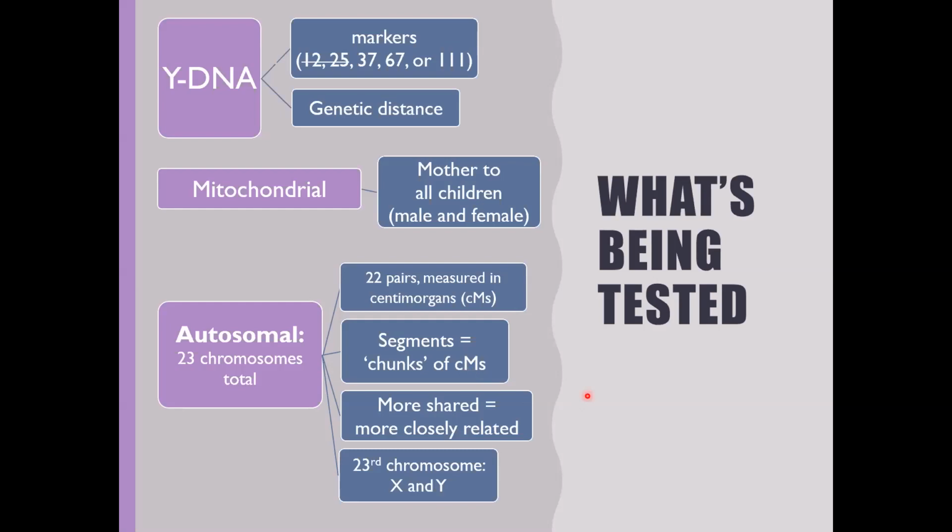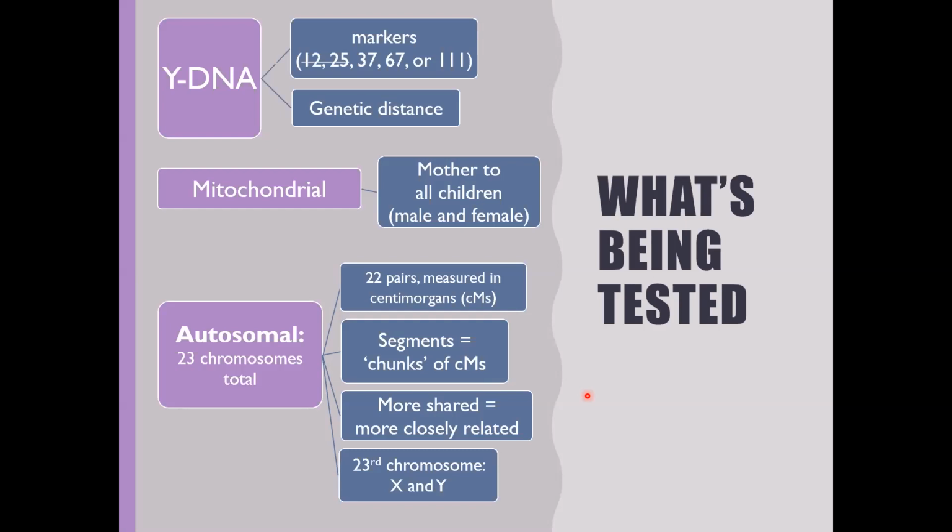Autosomal DNA, the 22 pairs, is measured in what's called centimorgans, and they will talk about segments, which are chunks of centimorgans. So we'll see this later when I get into some of this with charts. But basically what happens is, you'll say, okay, you've got this clump of 30 centimorgans you share with somebody and this other clump of 17.